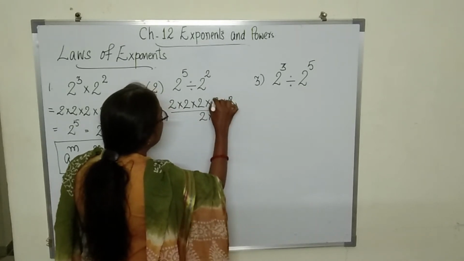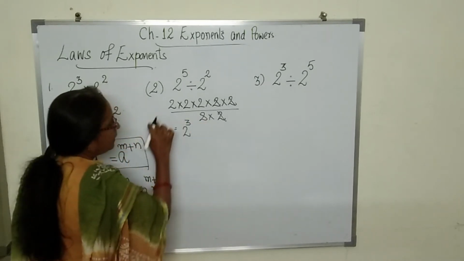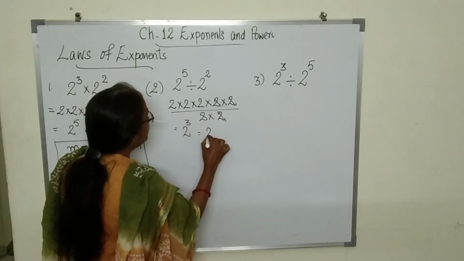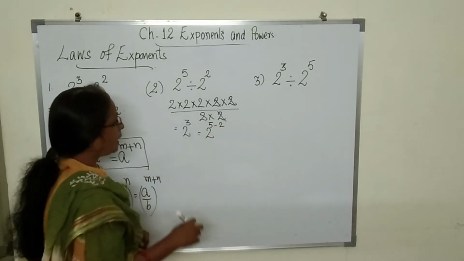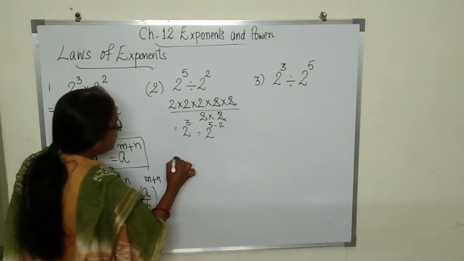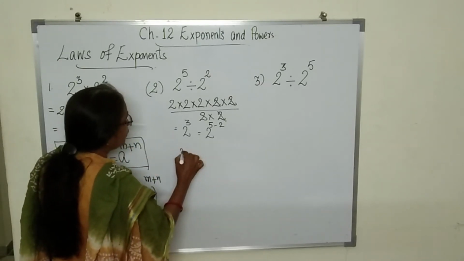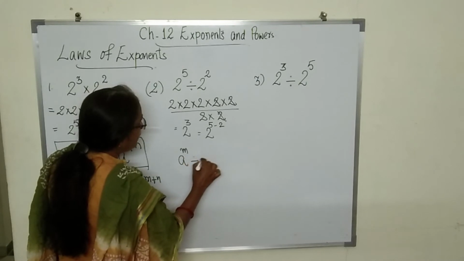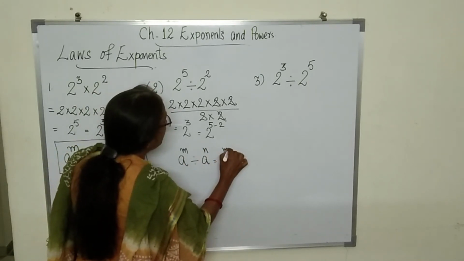You know how to divide. What did you get? 2 raised to 3, which is equal to 2 raised to 5 minus 2. In general, a raised to m divided by a raised to n is equal to a raised to m minus n.